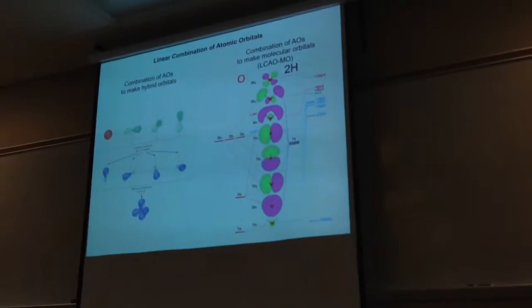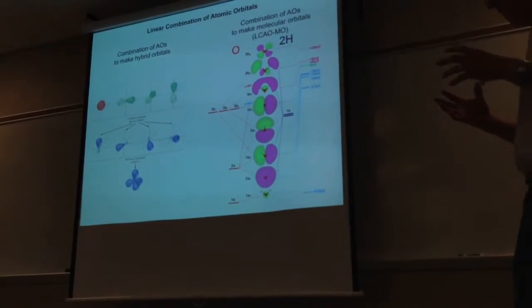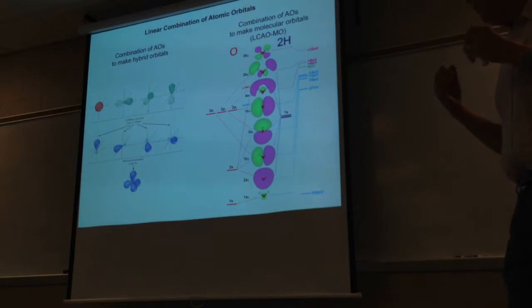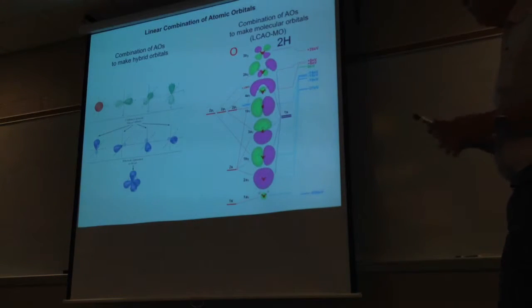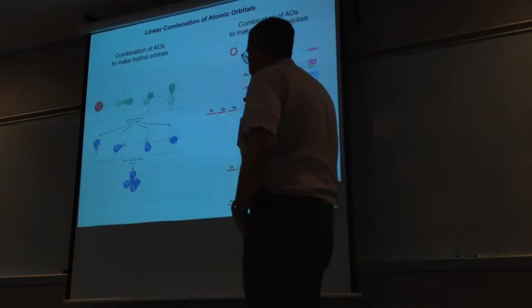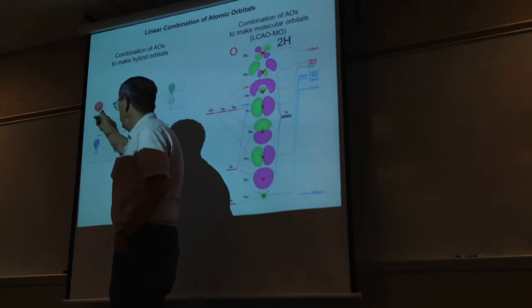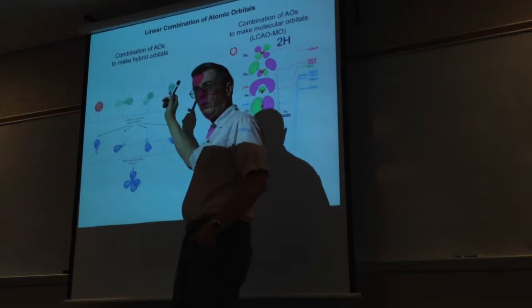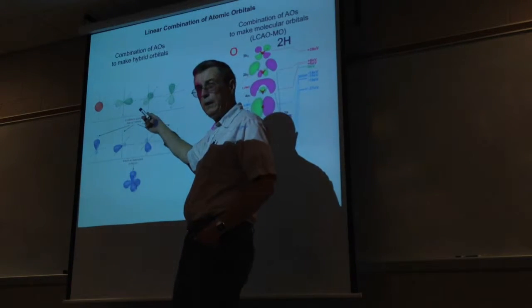Just to sort of help you understand molecular orbitals and their relationship to atomic orbitals. Hopefully, you are familiar with the concept that you can take atomic orbitals, which have certain electron distributions associated with them, where an electron can be in an atomic orbital.